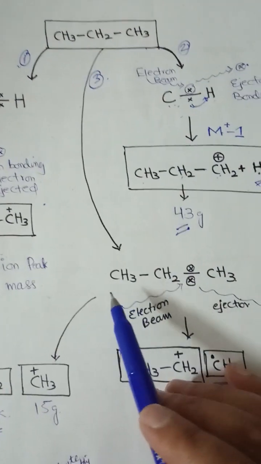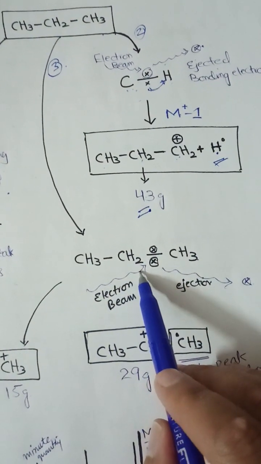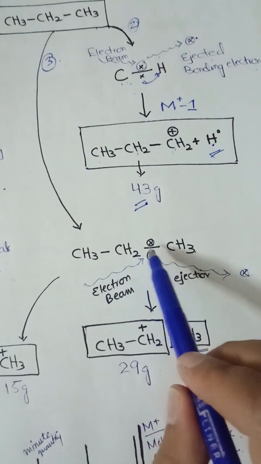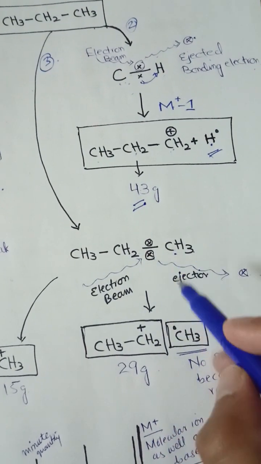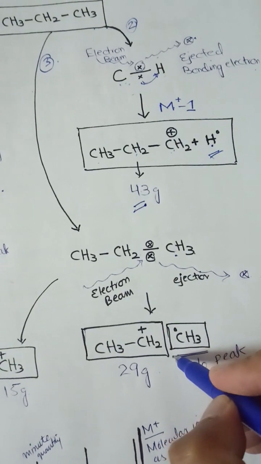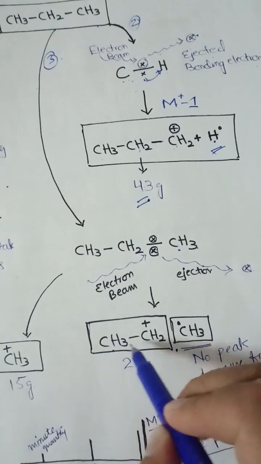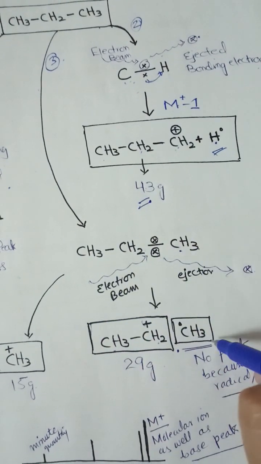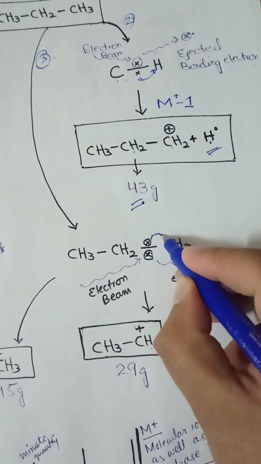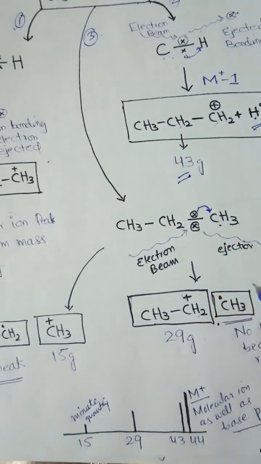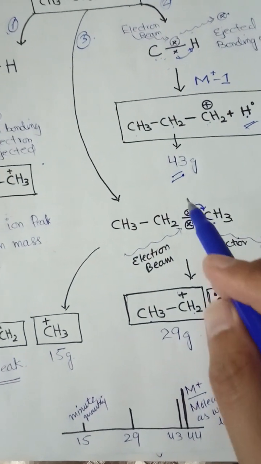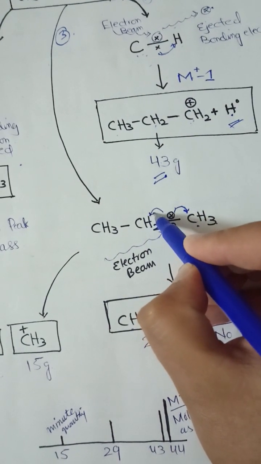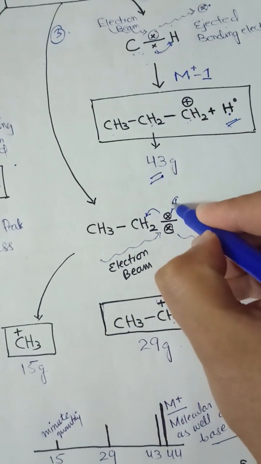In the third case, the electron beam attacks the carbon-carbon bond and ejects an electron from the carbon-carbon bond. It will break up into fragments. In this case we get the CH3 CH2 plus fragment and the methyl as a free radical, because one electron will move here and we get a free radical. If this electron moves in the other direction, we have two cases.